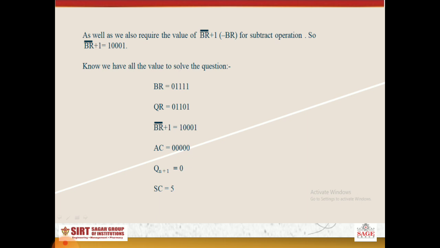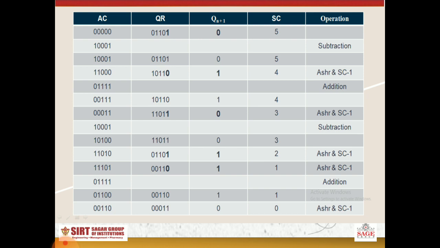What values? We have the values of BR, QR, BR bar plus 1, AC, Qn plus 1, and the sequence counter. We have all the values, so just start to solve the question. In the first step, arrange the values in AC, QR, Qn plus 1, SC and operation format.